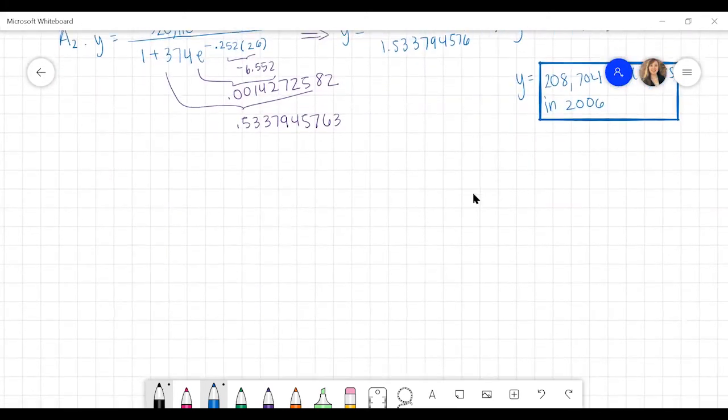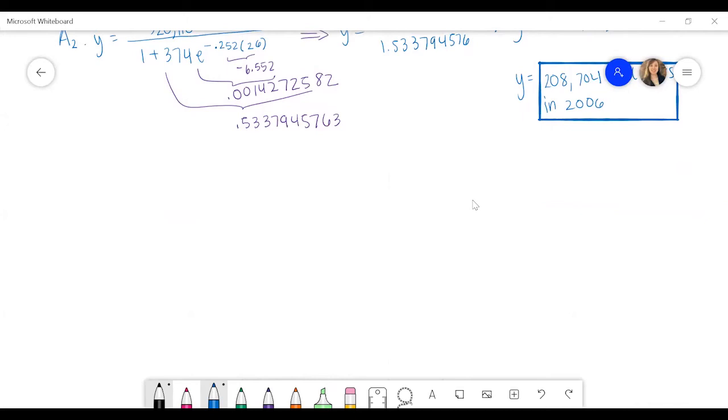And then the last thing we were asked to do is use this graphing utility to find the year where it's at 270,000 cell sites. So what we want to do, this will be part C, so I'll say B, use graphing tool.